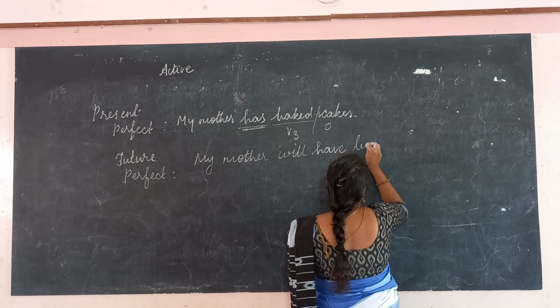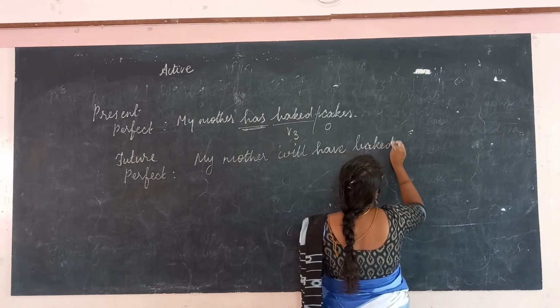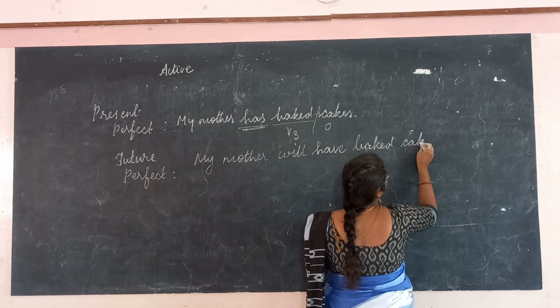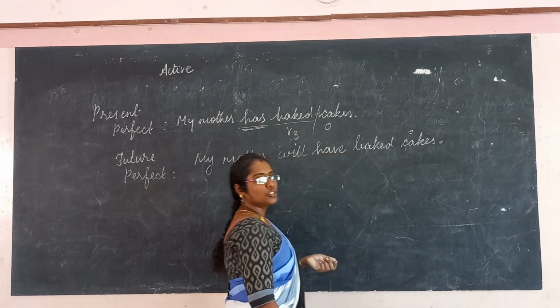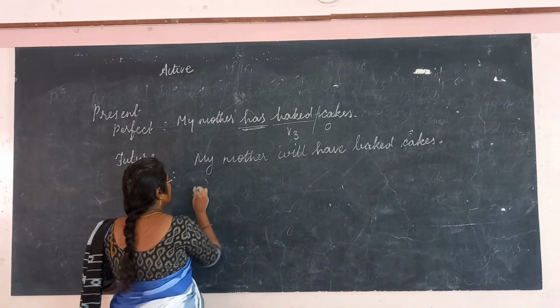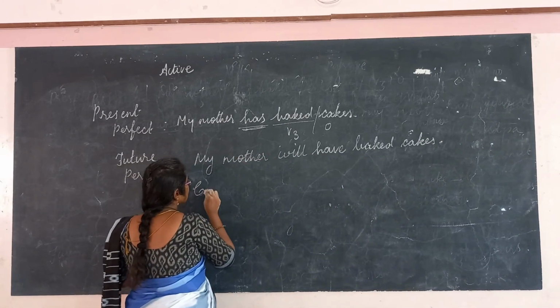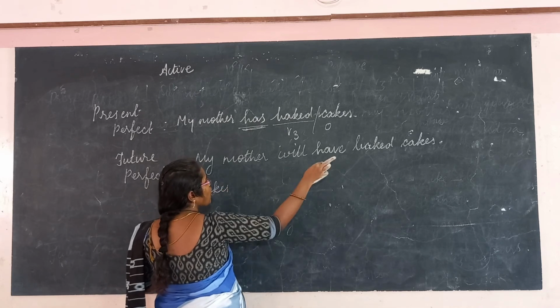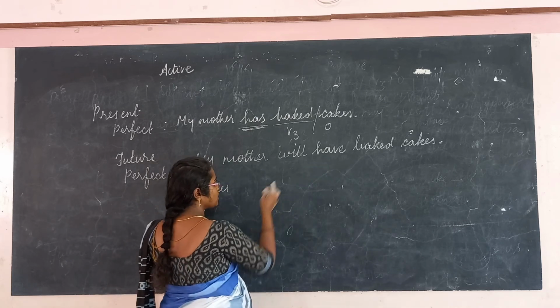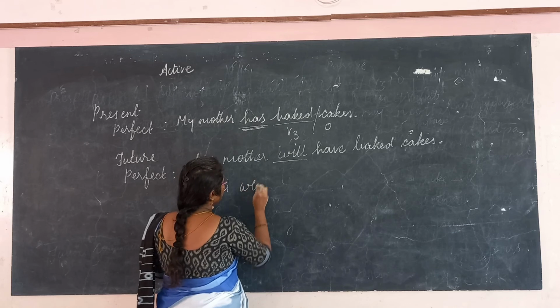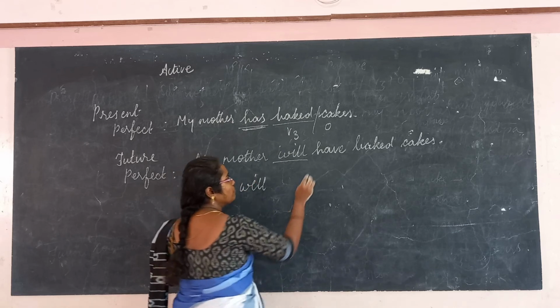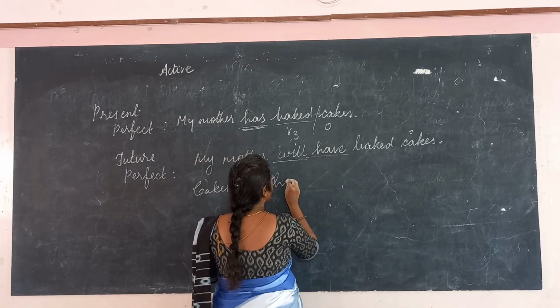V3, baked cakes. Okay. So the answer is cakes. Because object becomes subject, cakes, future tense, will, okay, have, okay, will have.